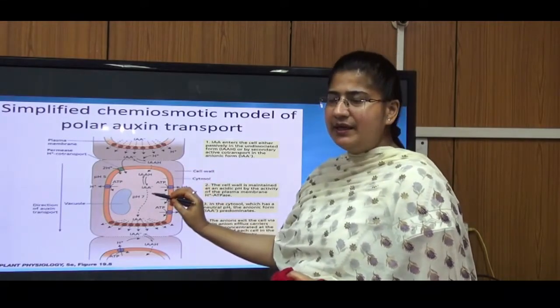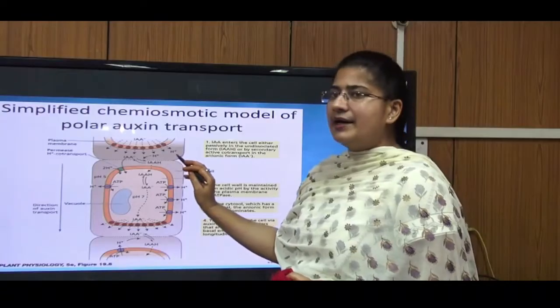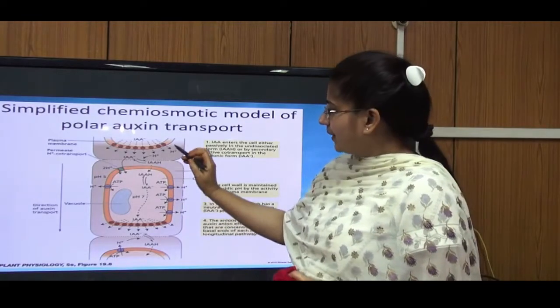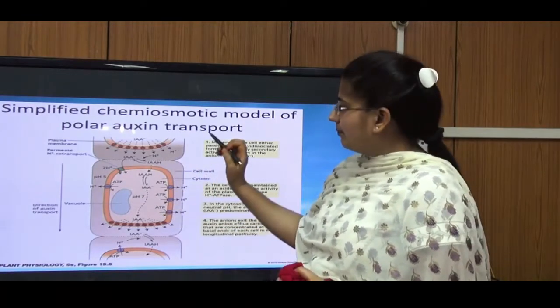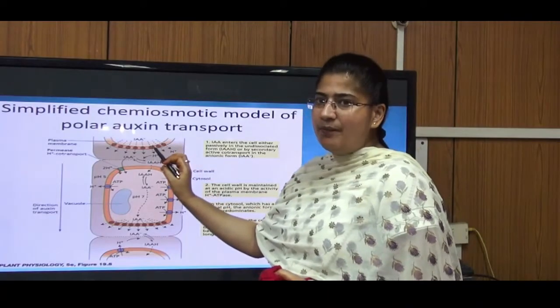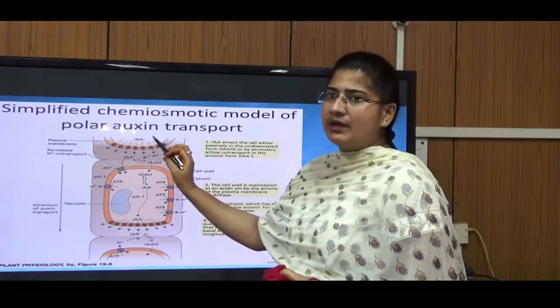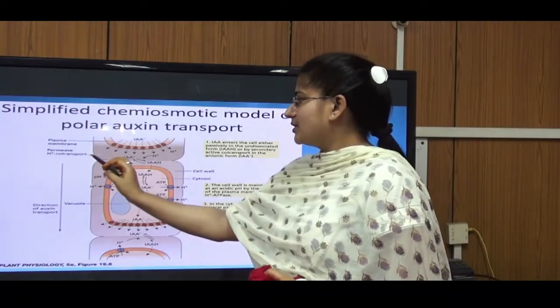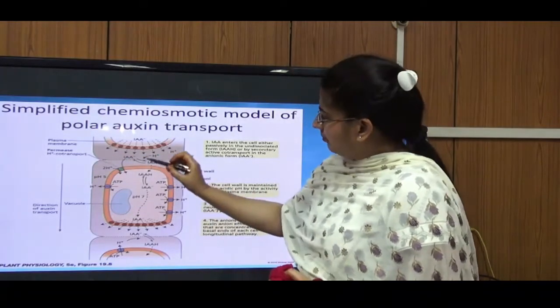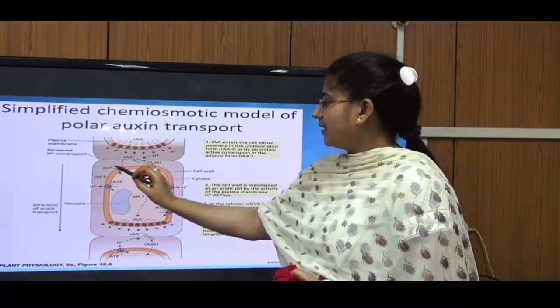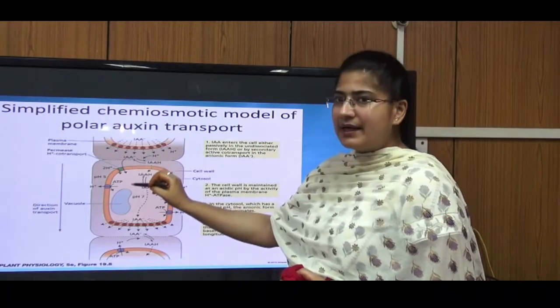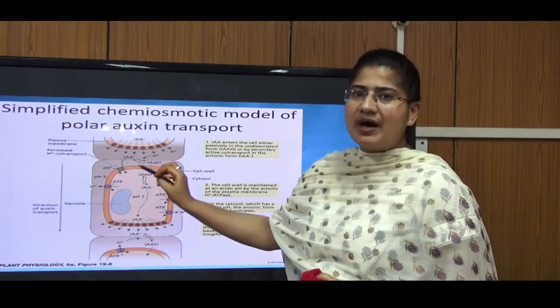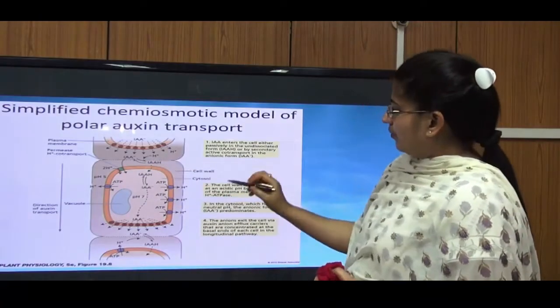It can diffuse easily, and it doesn't require the aid of any transporter to get inside the cell. But the IAA minus form is not lipophilic, and it requires the help of a transporter known as the permease H plus co-transporter. By this co-transporter, H plus will also move inside along with one molecule of IAA minus.